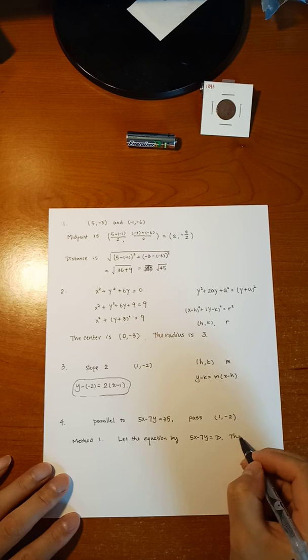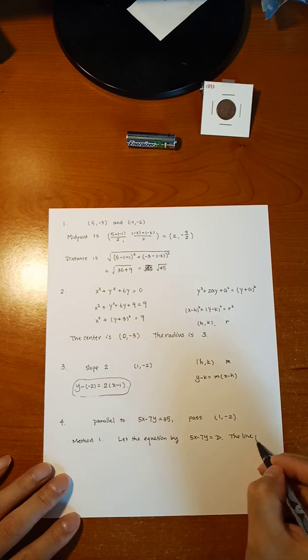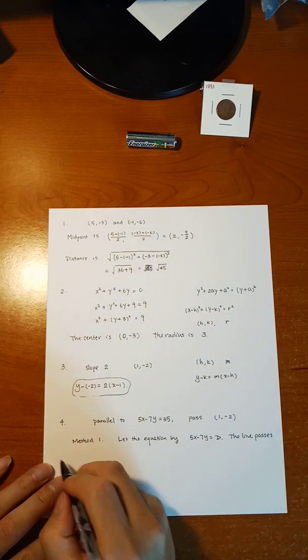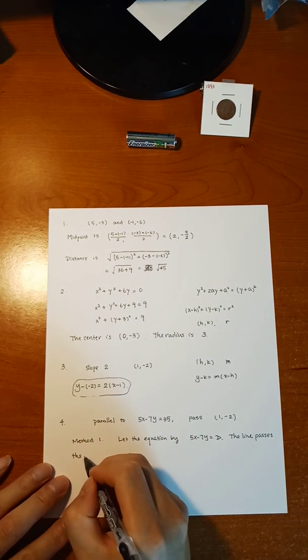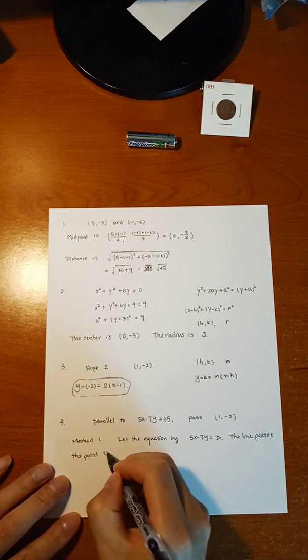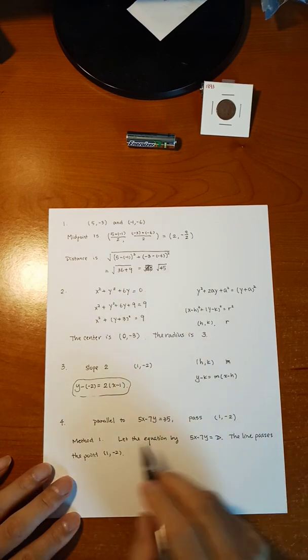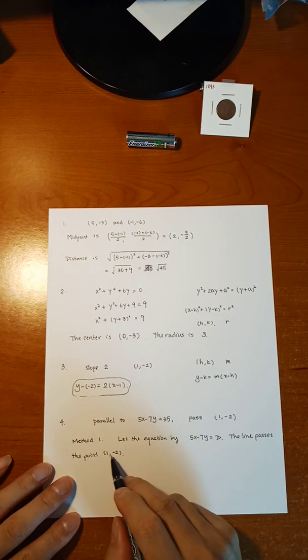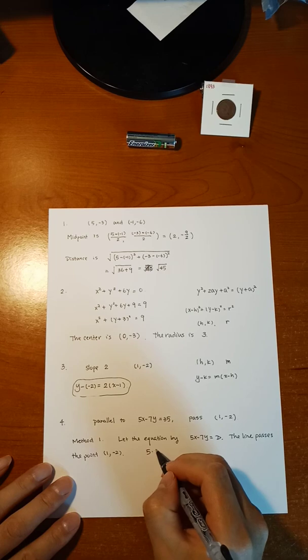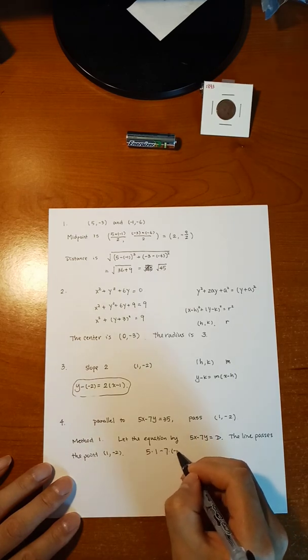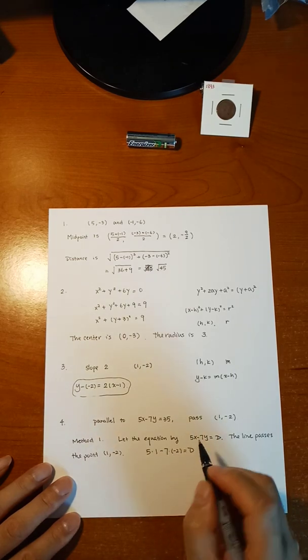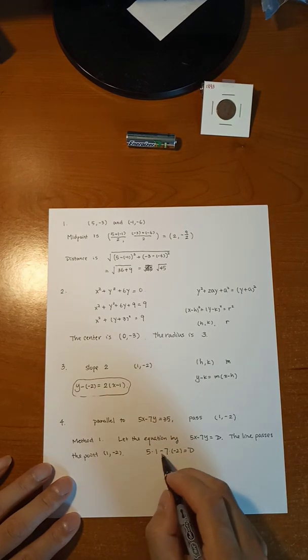The line passes through the point 1, -2, so you let x be 1, y be -2. So we get 5 times 1 minus 7 times -2 is equal to d. 5 times 1 is 5.